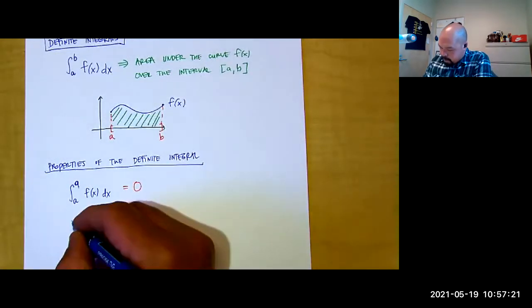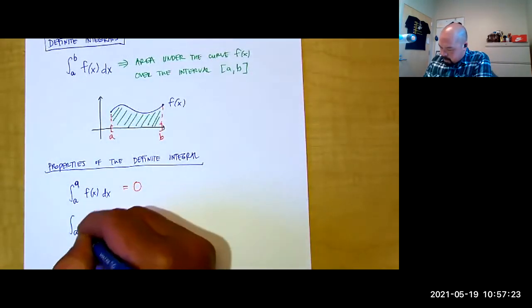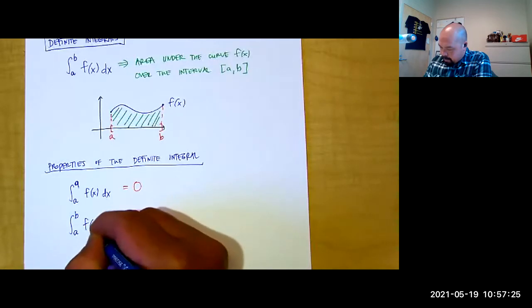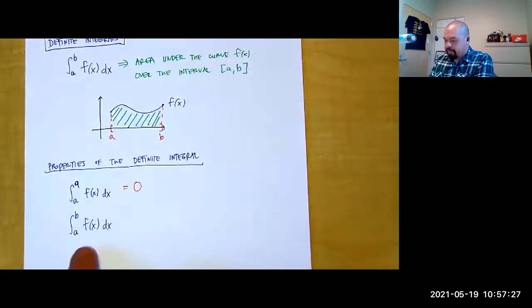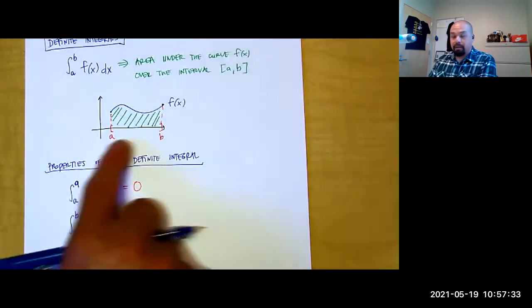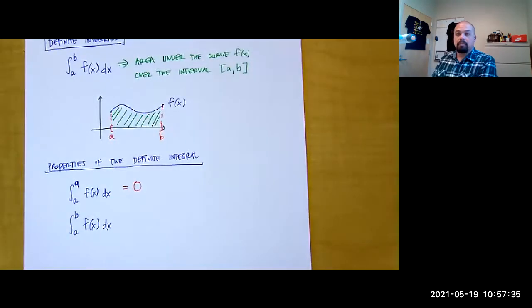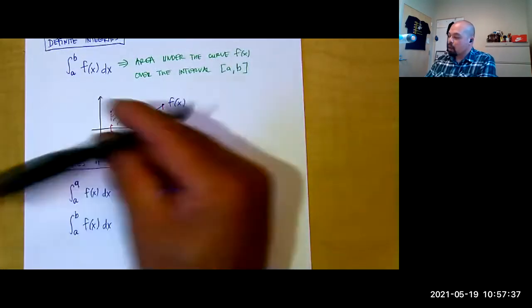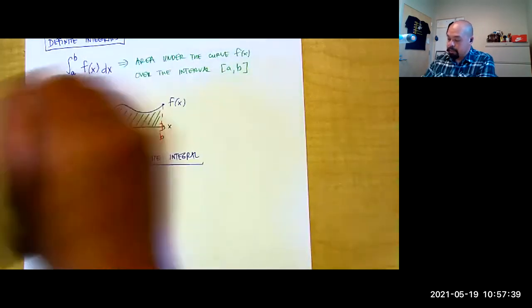And then this next property, that when we look at this integral from a to b of f(x) dx, and so again, most commonly when we do our limits of integration, we're expecting those limits to go from least to greatest, right? From left to right on our x-axis here, on our coordinate system.